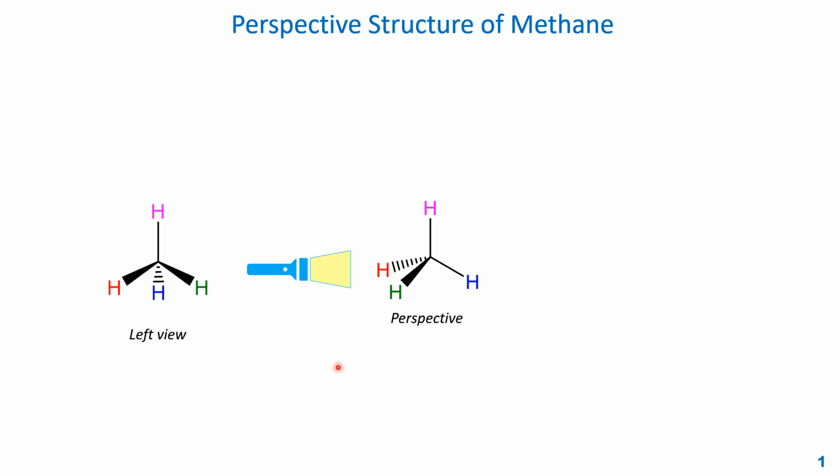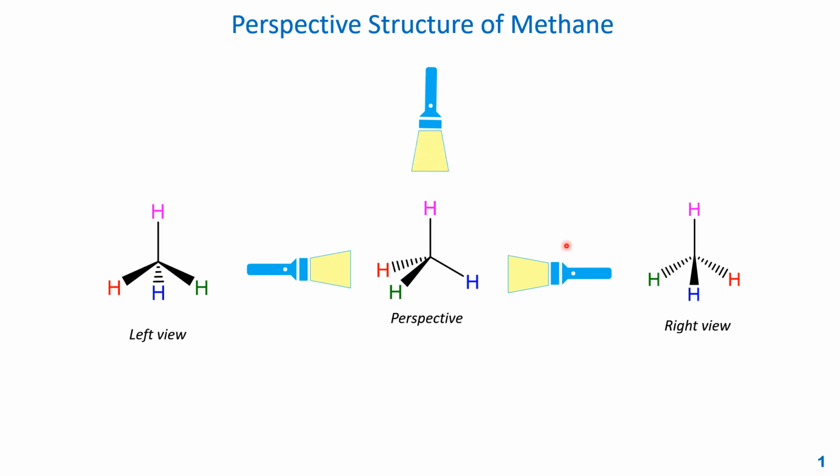Now if you look at this tetrahedral from the right side, again the vertical is the same, but this blue hydrogen will be pointed to you, and the green will be away from you to your left. The red will be away from you to your right. Okay, this is the right view.